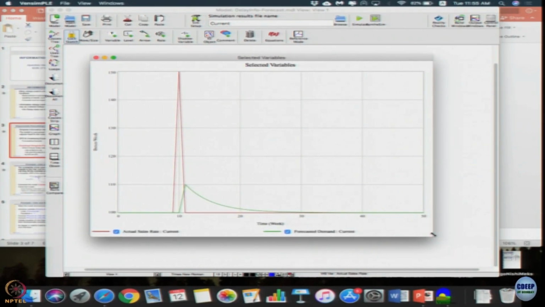So, what has happened is at time 10 there is a pulse of 50 units, at only one period there is an abnormality, suddenly demand peaked by an additional 50 units.